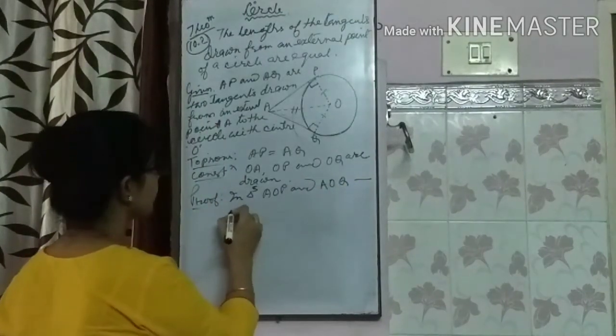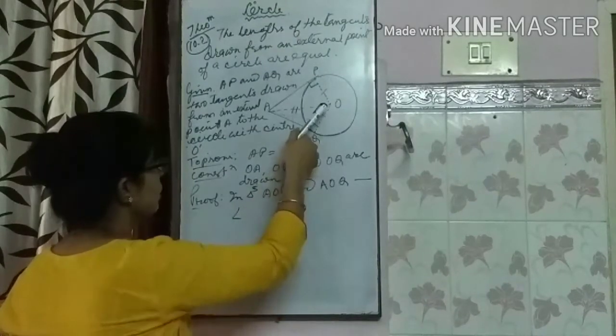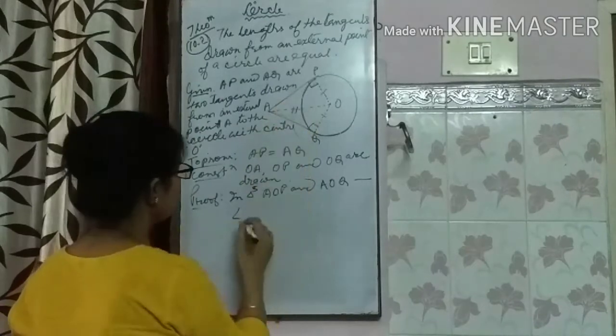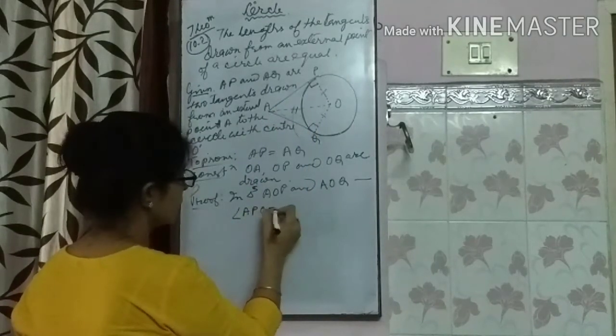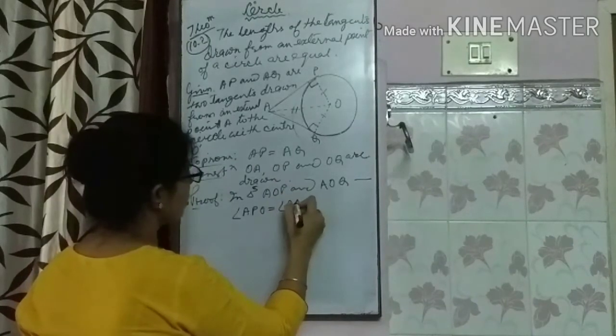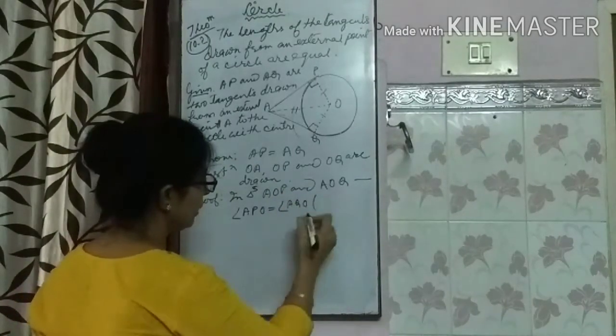What do we get? Angle OPA, or you can say APO, is equal to angle AQO. Why?